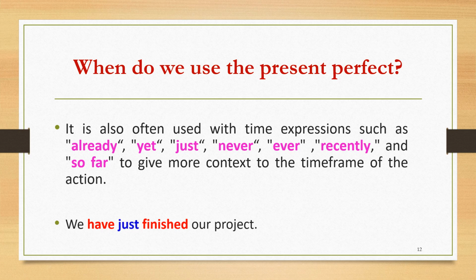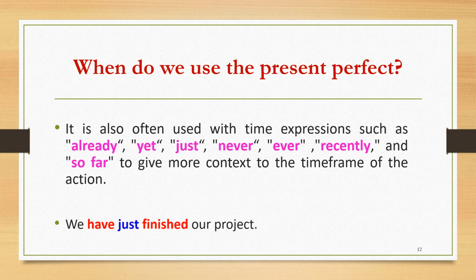The last rule is the use of the present perfect when we have some time expression words such as already, yet, just, never, ever, recently, and so far. These expressions give more context to the time frame of the action.